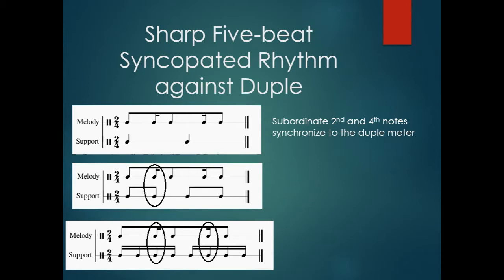You'll see in the second figure that the second note of the Senkio synchronizes with the 8th note. And then if you divide into 16th notes, the 2nd and 4th notes synchronize with the duple meter.